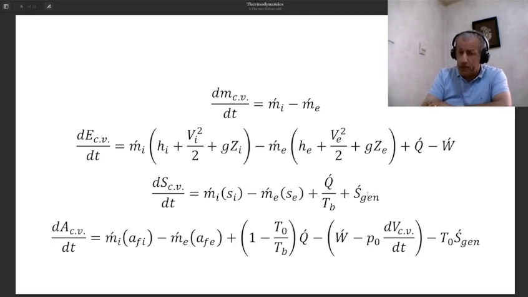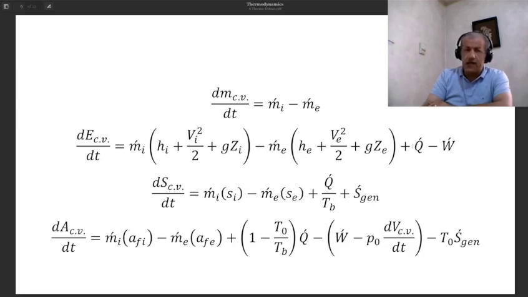They're not properties, they are functions of process. Therefore, when we write the first law for the process, we could calculate Q, which is the heat transfer. In thermodynamics, we teach you no way to calculate heat transfer.